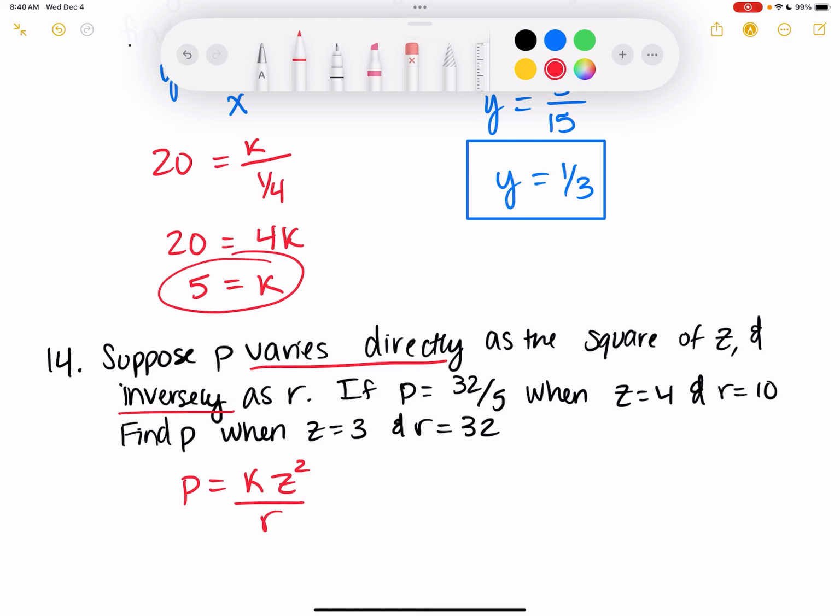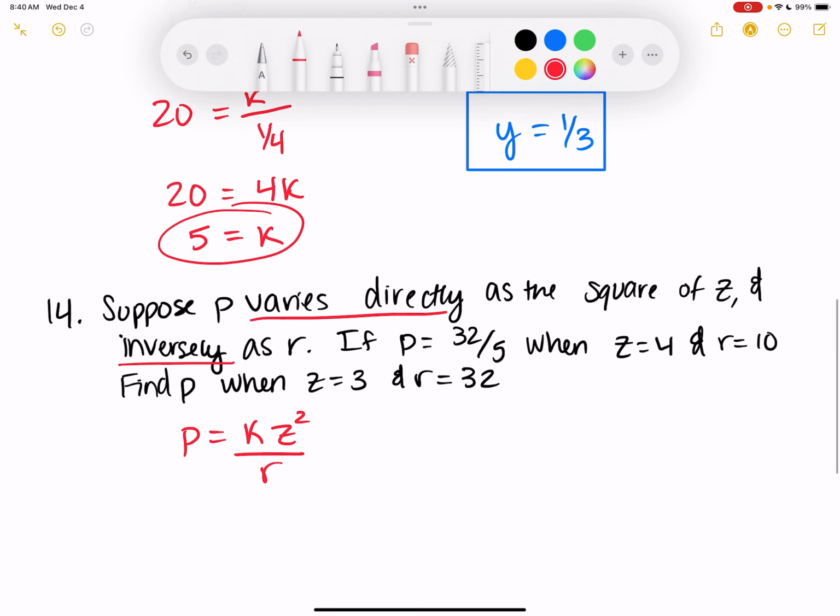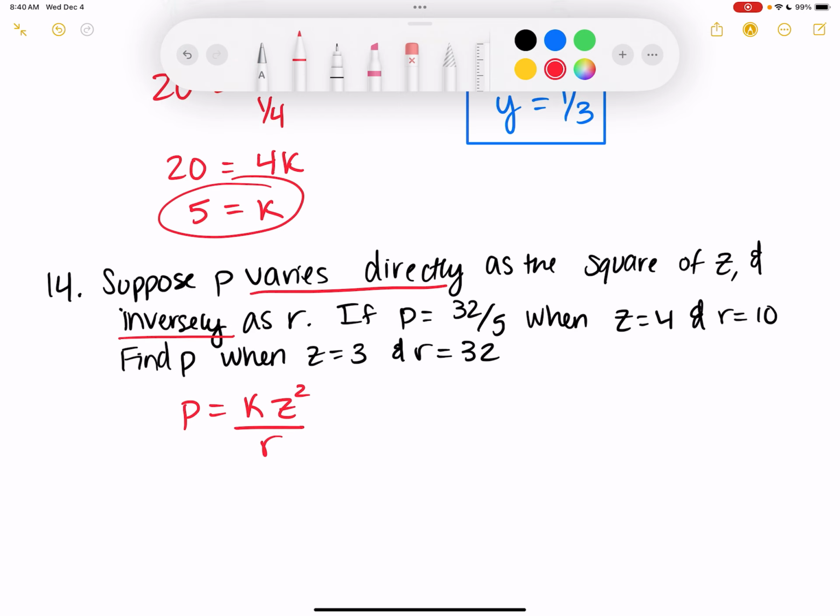Got to solve for K first, just like I did in the other ones. So P is 32 over 5 equals K times Z is 4, and that's being squared over 10. So I'm going to go ahead and multiply the other side by 10. So the 10 and the 5, well, here, let's do this.